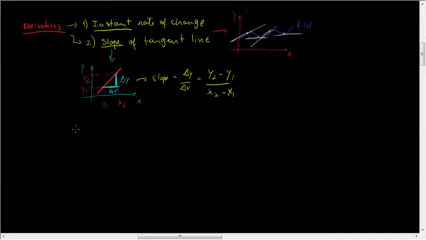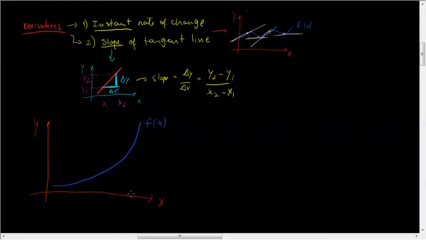If we have any given function, so let's draw a random function here, f of x, and we wish to determine the derivative at this point. So what we're saying is we want to determine the tangent line at this point. How can we determine the slope of this tangent line? Well, we can pick the secant line to this function.